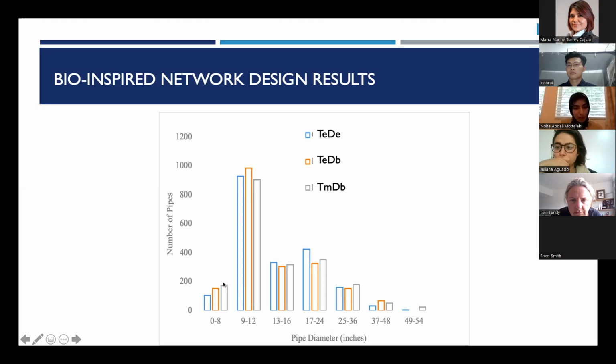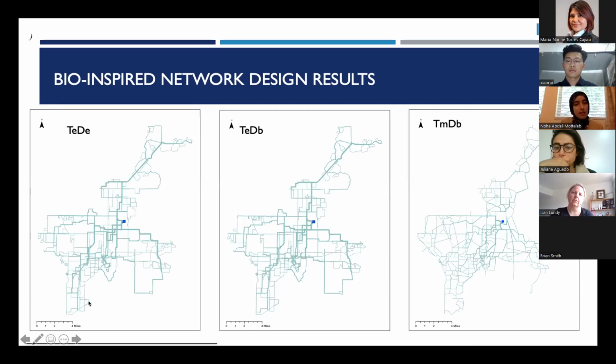So in orange and gray, we have more between 0 and 8 inches, and we have also more aggregate between 36 and 54 inches.